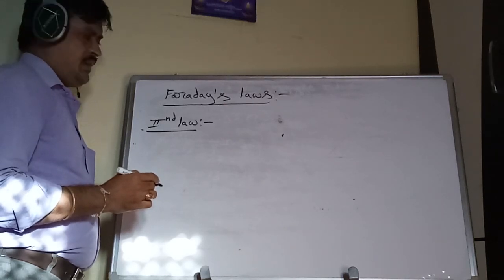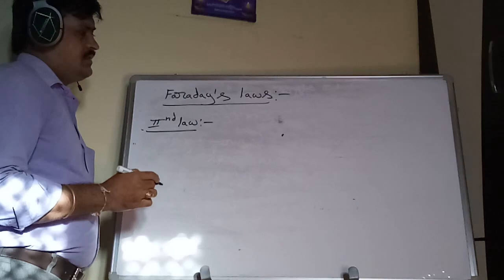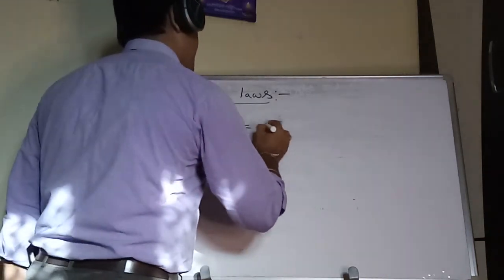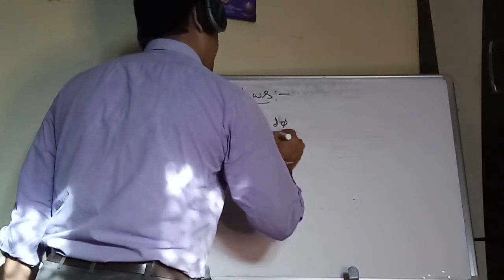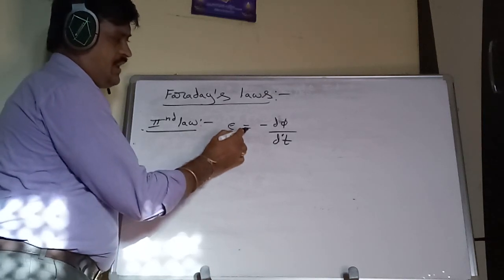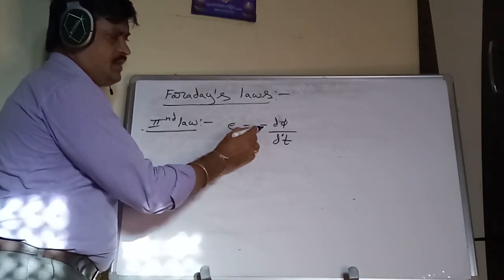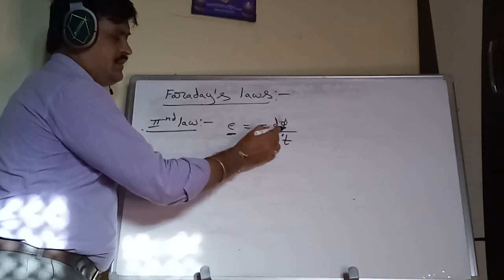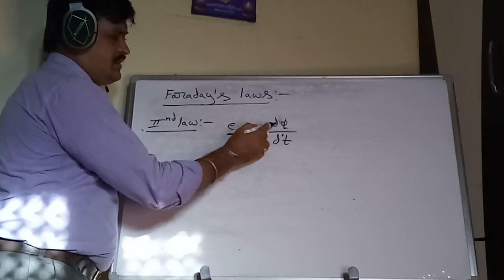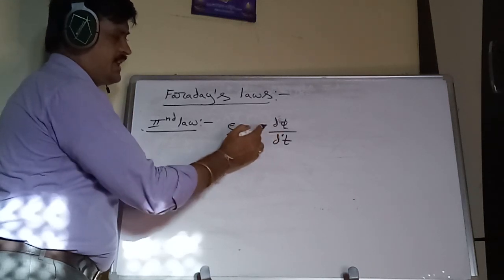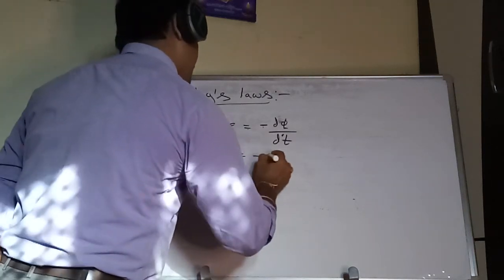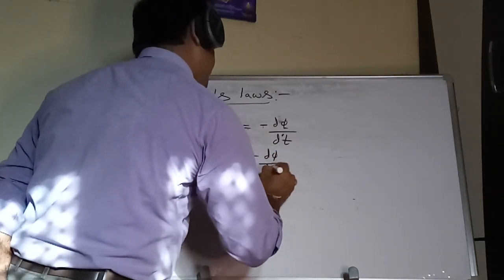So induced EMF E equal to minus d phi by dt, where phi is the magnetic flux. The rate of change of magnetic flux with a negative sign. So E equal to minus d phi by dt.